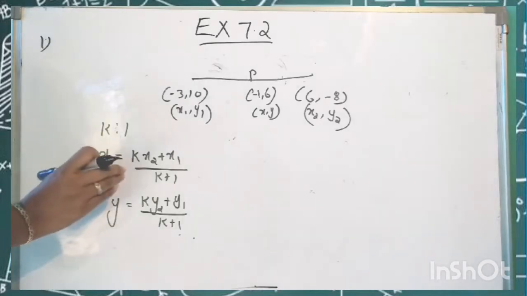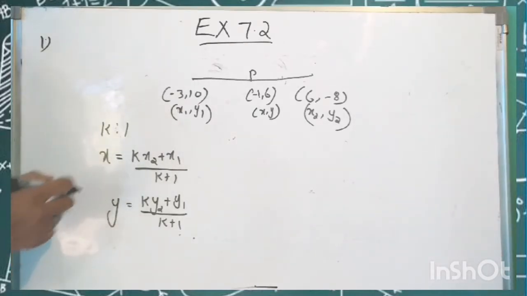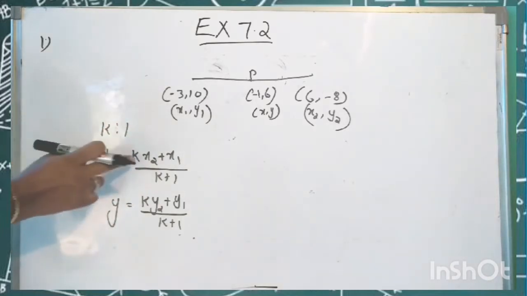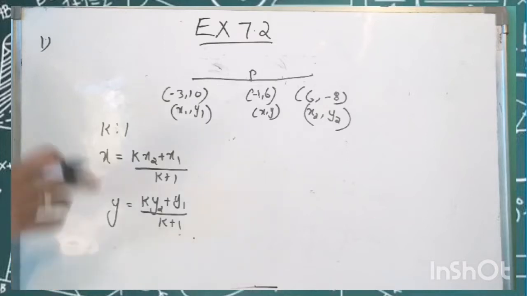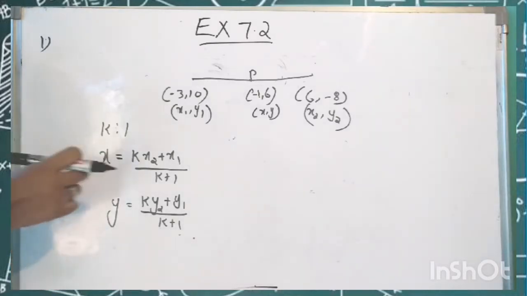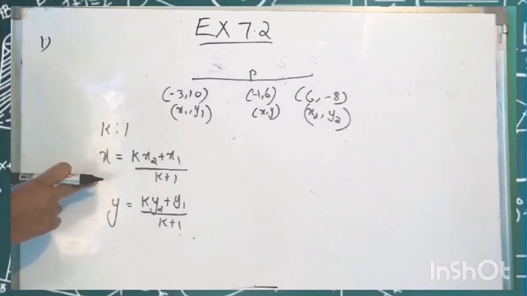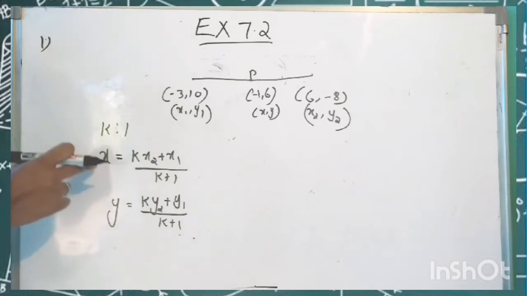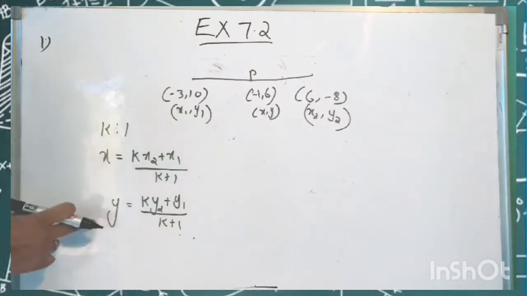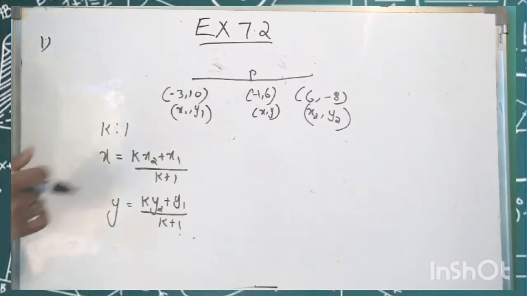Now we need to find the value of k. We have only one unknown, and if we have one unknown, then one equation is enough to find out the value of that unknown. So either you can use this x formula or you can use this y formula. Anyway, I am going to use this x formula.